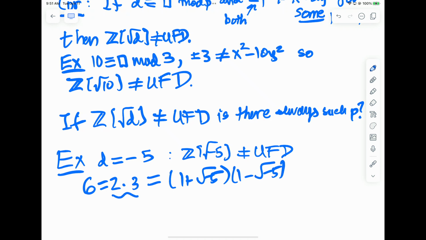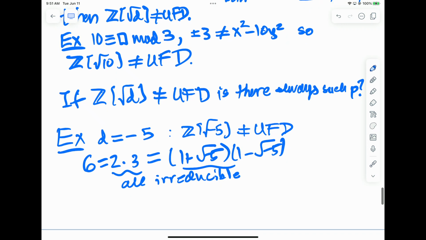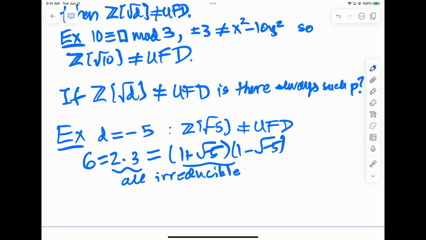And these are all irreducible. Simply writing a number as a product in two ways doesn't prove anything. 100 is 10 times 10 is 4 times 25. That doesn't mean we have a counterexample to unique factorization in the integers. You have to check that the factors are actually irreducible and not unit multiples of each other.